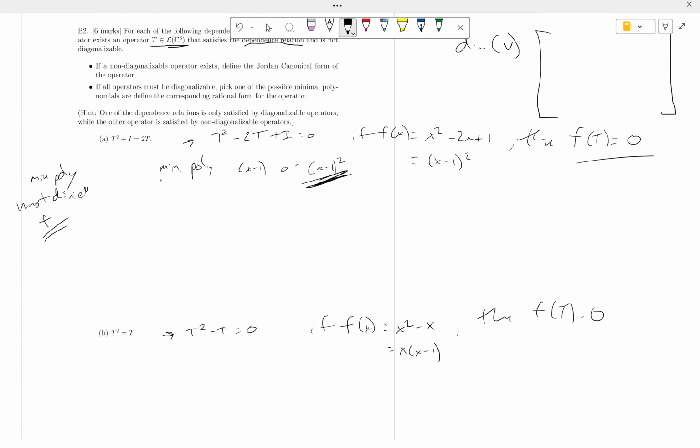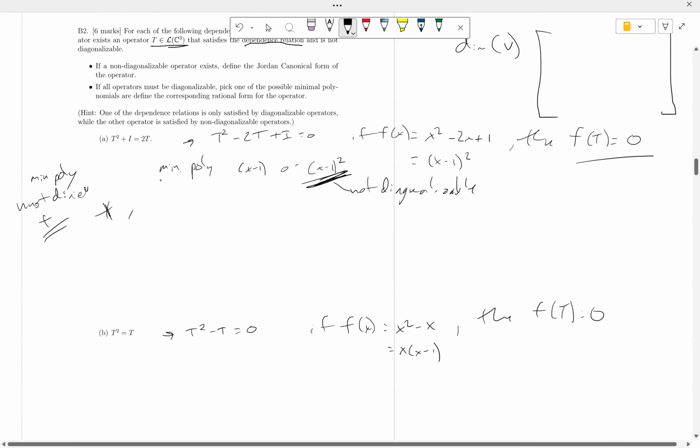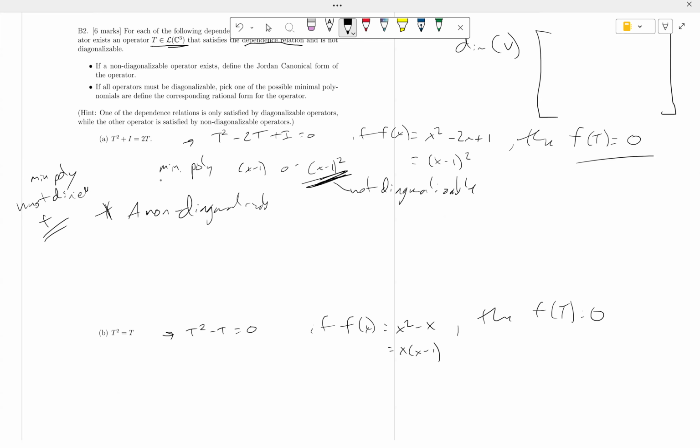If it's x minus 1 squared, we are not diagonalizable. So a non-diagonalizable operator exists.